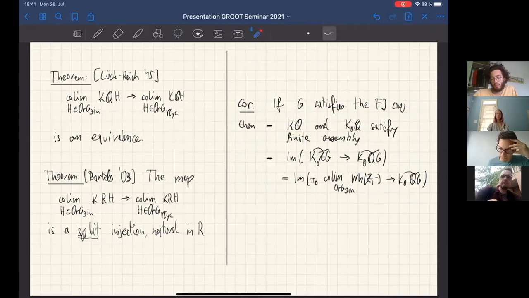And the image of the map that we're interested in, this image of the map in reduced K-theory, is equal to just the finite part of the Whitehead spectrum. And on the right-hand side, you automatically get K0 of the rational group ring, reduced. So now we're left to understand what this Whitehead spectrum is on basically finite subgroups and what this natural map here is.